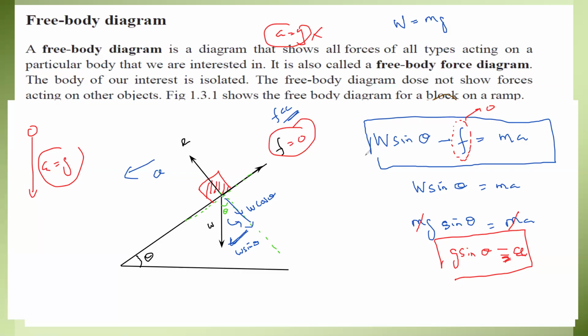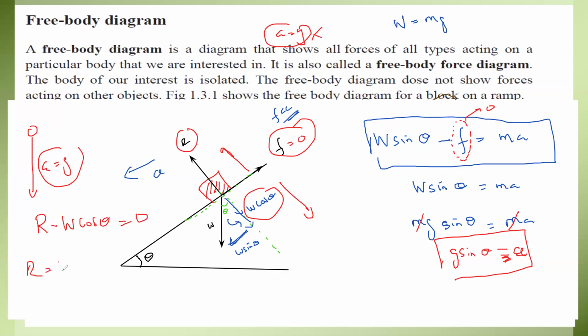Is it clear about the acceleration? Yes. What about the components R and W cosine theta? There is no acceleration in the vertical plane, like in this plane, it does not accelerate. So we can say R minus W cosine theta equals 0, because in the vertical plane there is no acceleration.